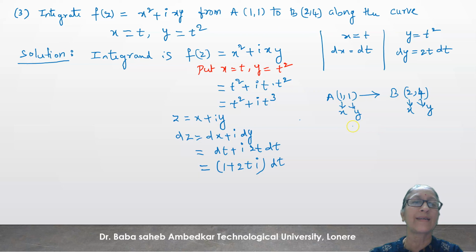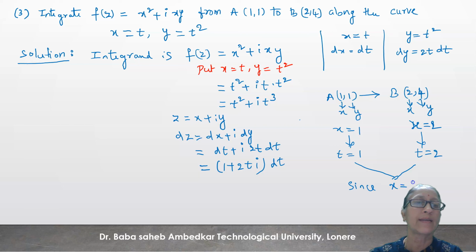Here x equal to 1 and x equal to 2, but x equals t, so t equal to 1 and t equal to 2. So the limits are from 1 to 2, and dz and the integrand are converted in terms of t.